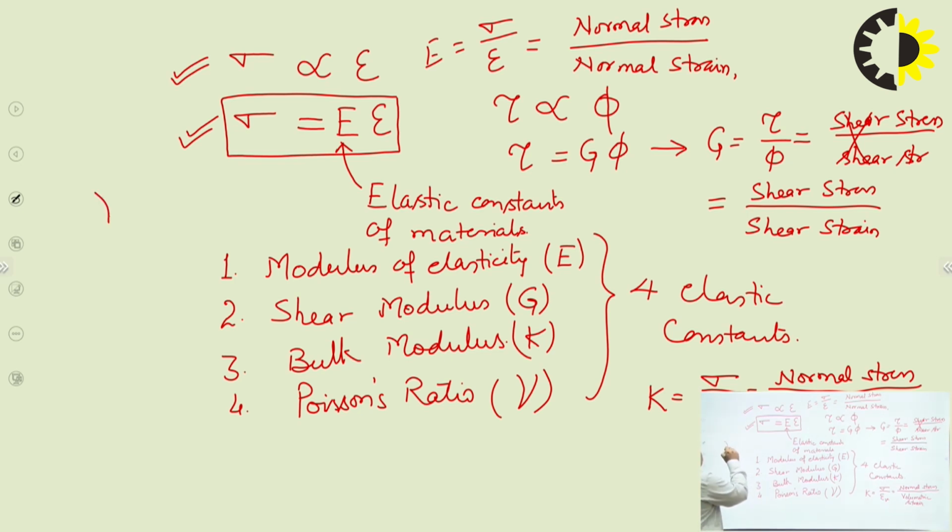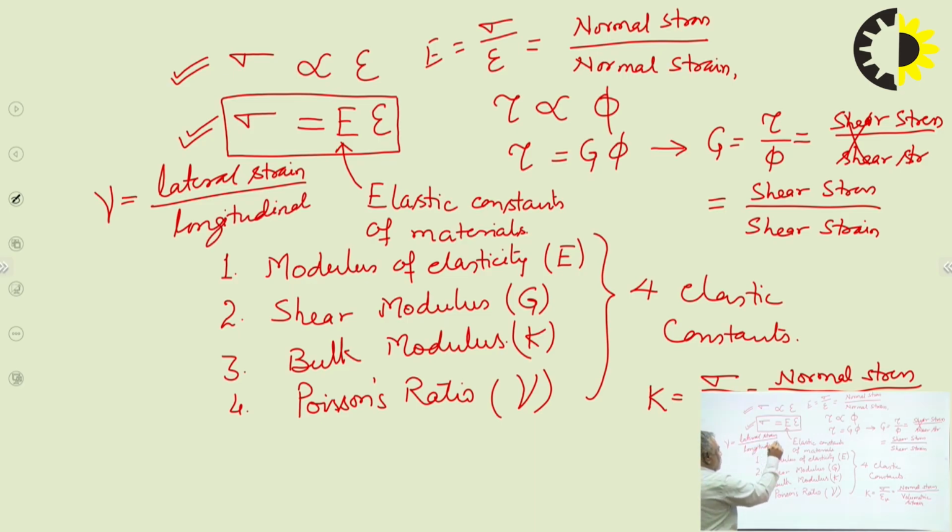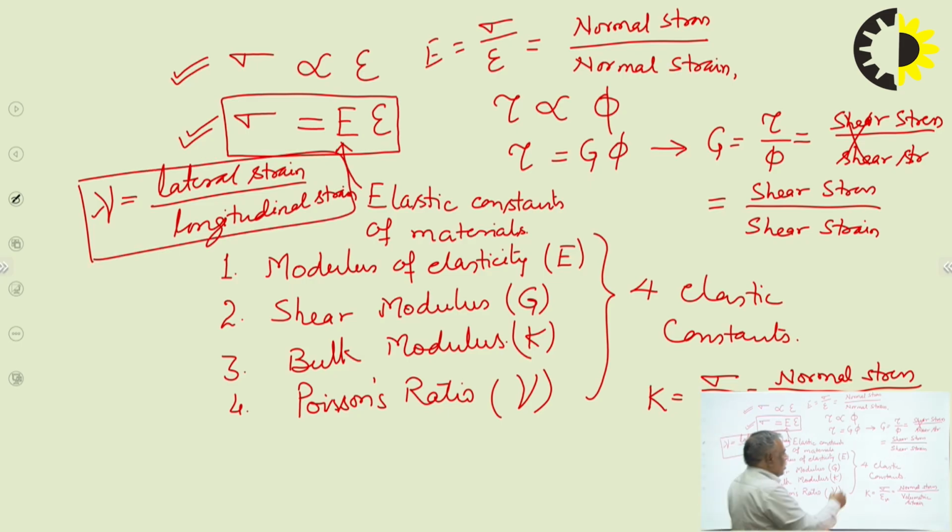I write nu is equal to lateral strain upon longitudinal strain. This is the Poisson ratio.